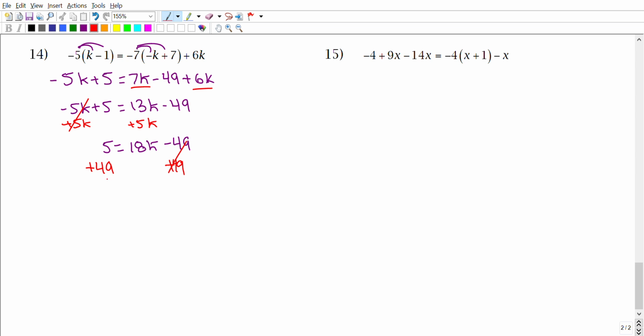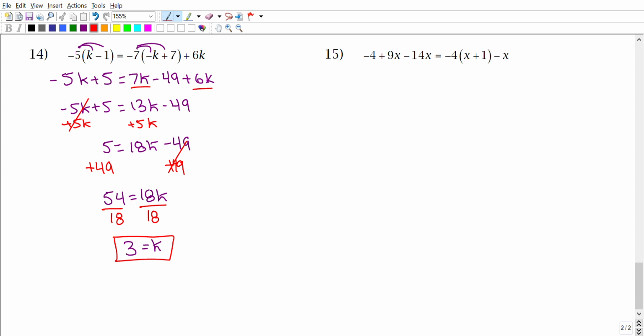So what do we get? 49 plus 5 is a positive 54 equals 18k. Last step, divide by 18. Get k equals 3. All right.